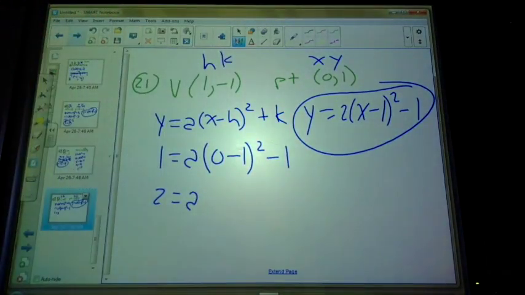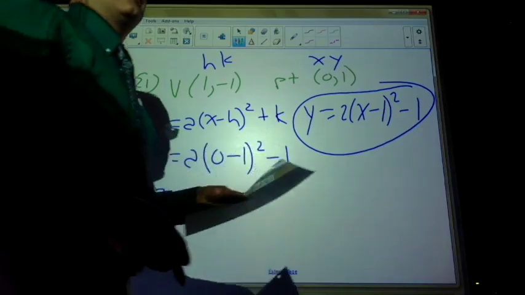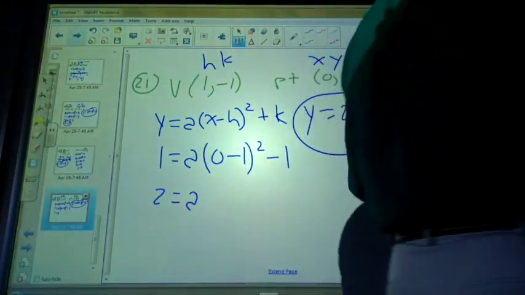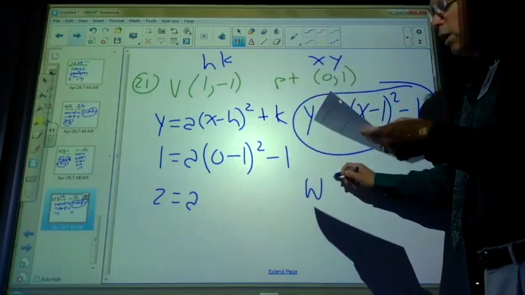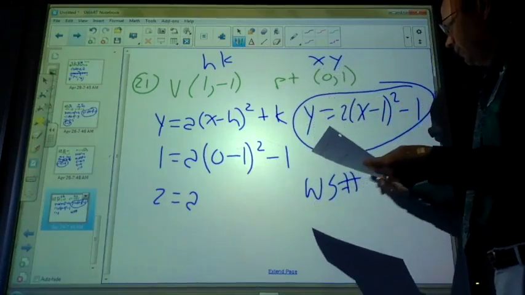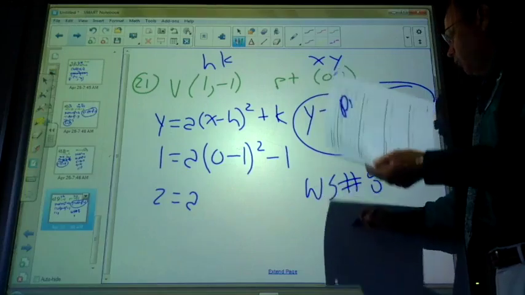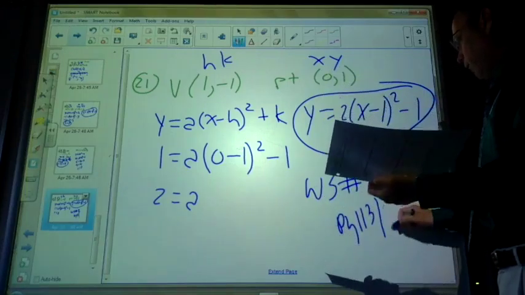What do you suppose our homework is? Next page. It is the exact same thing, just change the problem. So you have the rest of the period, not to line up by the door for the next 18 minutes. Let's work on this. Worksheet number 8, which is page 113, 114.